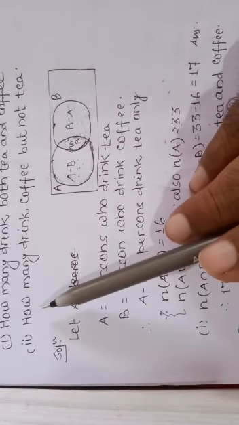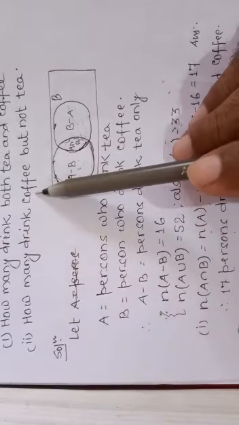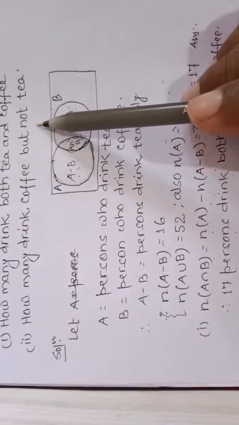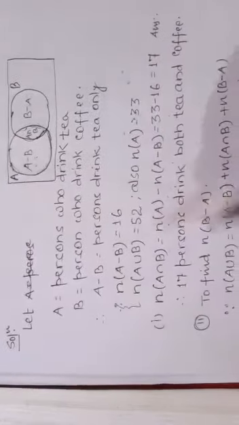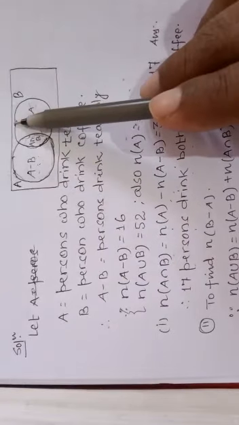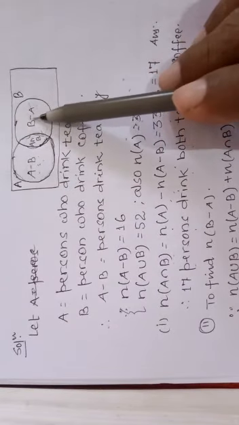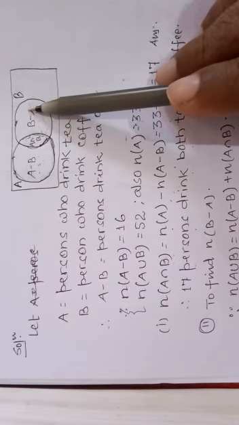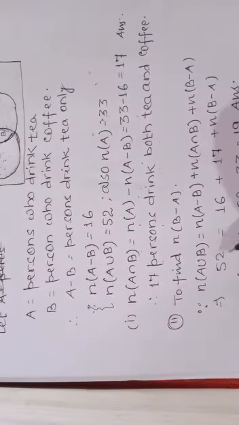The next one, how many drink coffee but not tea? So what we have to find? The number of elements of B minus A. Now apply the formula.